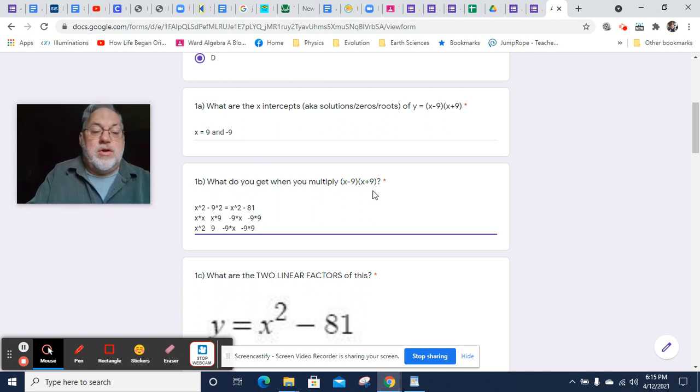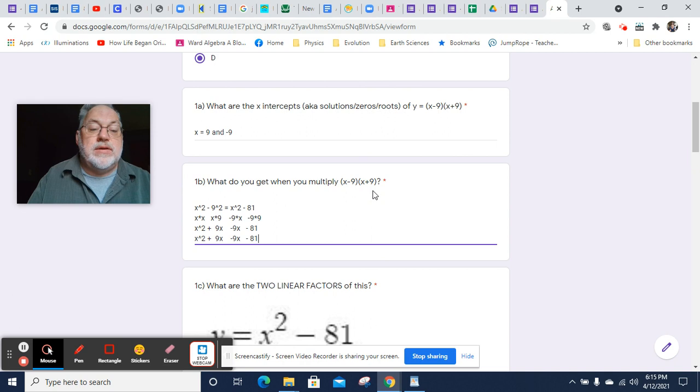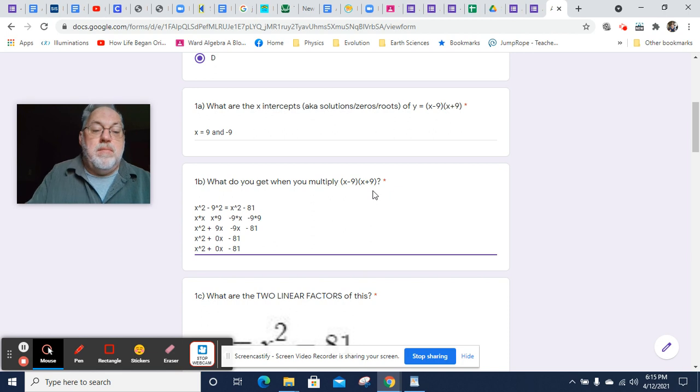The x times 9, I'll call that plus 9x, and then minus 9x, and then minus 9 times 9 will be 81. And so the minus 81 sticks around, but the plus 9x minus 9x, they just cancel each other out. So that just becomes a whole lot of plus 0x right there, which we don't really need to write. And so we don't. We write it as x squared minus 81. And that is the difference of squares.